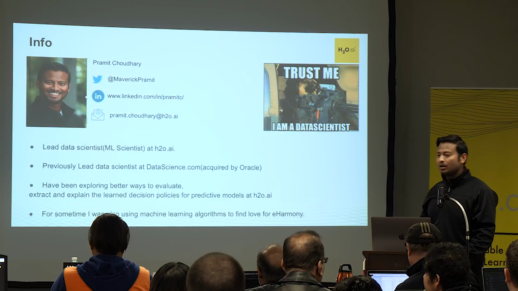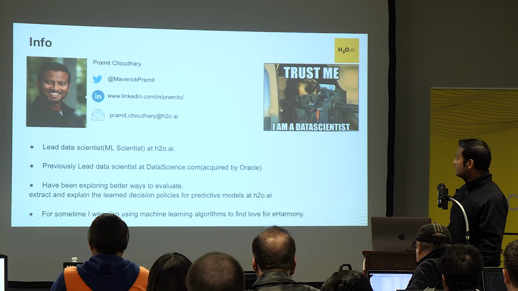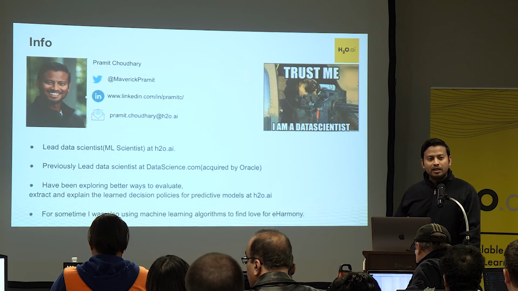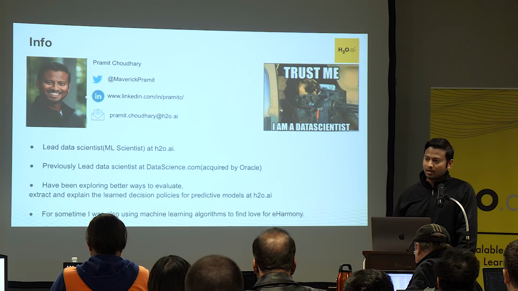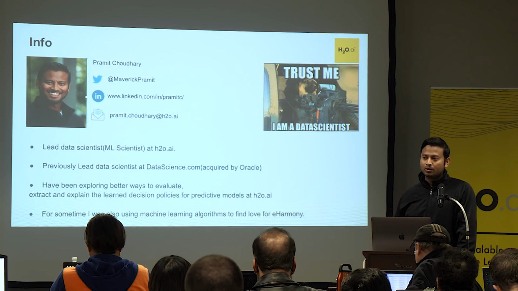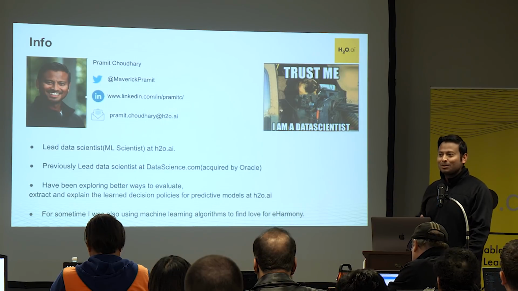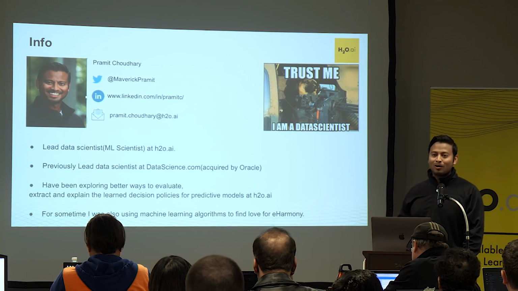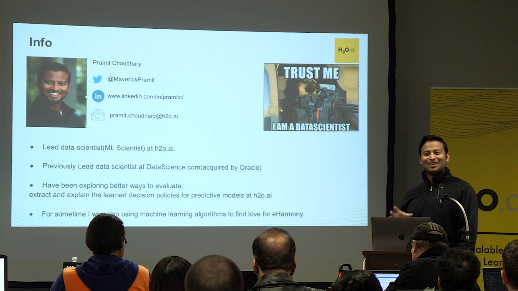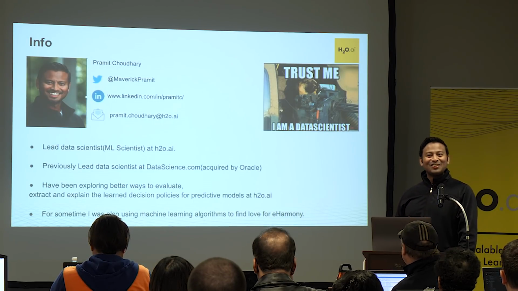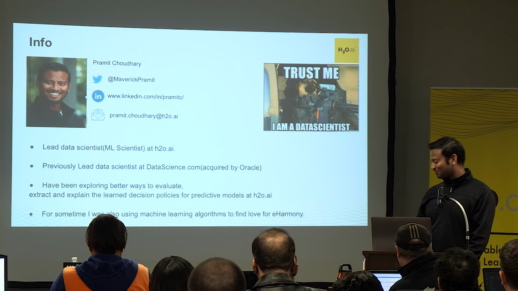I work on different aspects of ML, and recently I've been exploring different ways of evaluating and extracting information out of machine learning algorithms. We'll dig deeper into what that means. Sometime in my past, I also used to build models for doing matchmaking, so I have a little bit of an idea about that domain and what those algorithms do. If you guys have any questions, I'll be more than happy to take them.